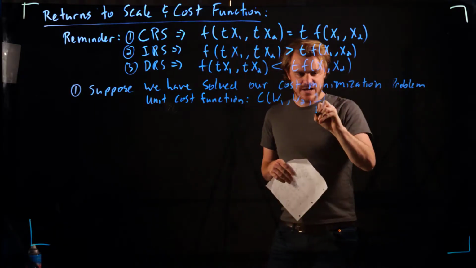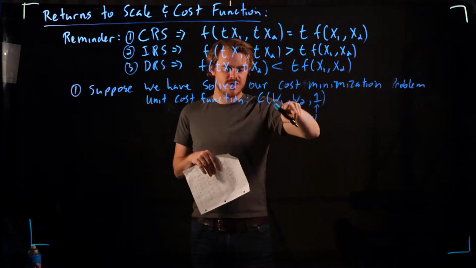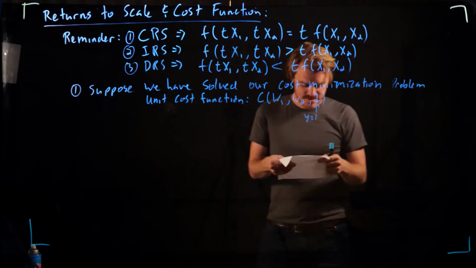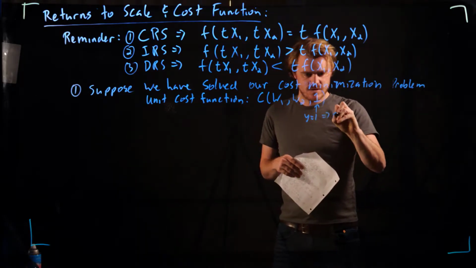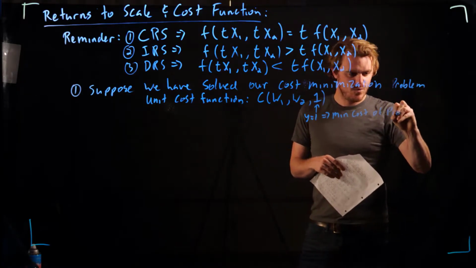So this is like y equals 1. So this is our minimum cost of producing 1 unit.